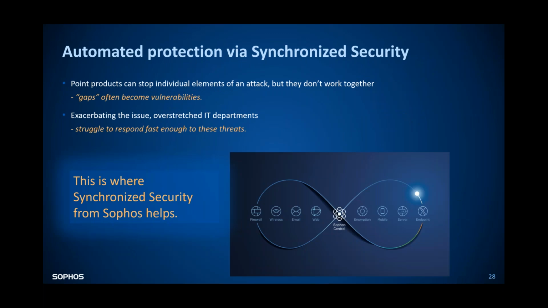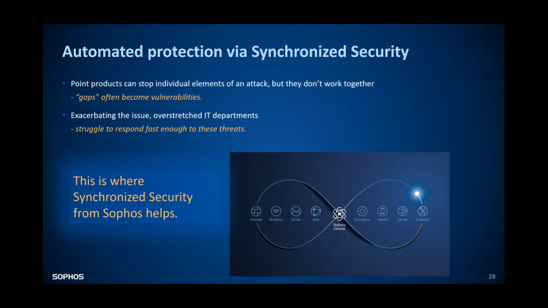So we know that point products often stop an attack at one particular area, but they're not aware of the context of what's happening at the other area of the network. So for example, the endpoint's not aware of what the firewall's doing or vice versa. But synchronized security joins all that together and enables the endpoints to talk to the firewall, and then they can take action based on that information that they are seeing out there.